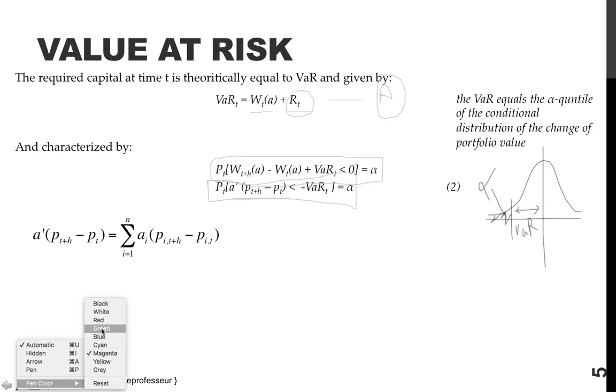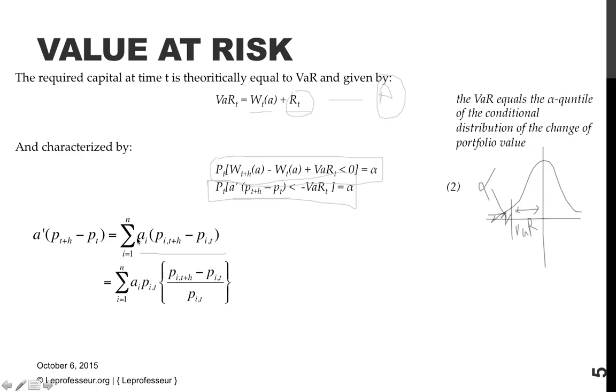That can be written as the sum over i equal to 1 to n of Ai times Pi at T plus H minus Pi at T. We can further solve this equation. Let's say we divide the whole equation by Pi at T, that is the price of the ith stock at time t. So we get this equation.